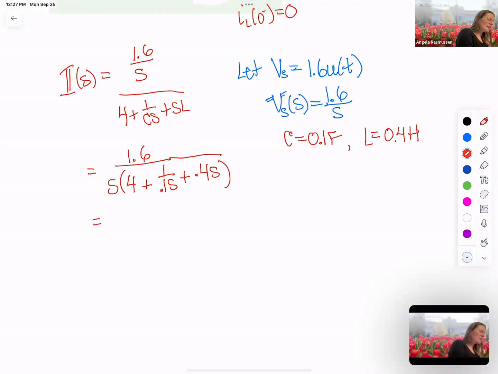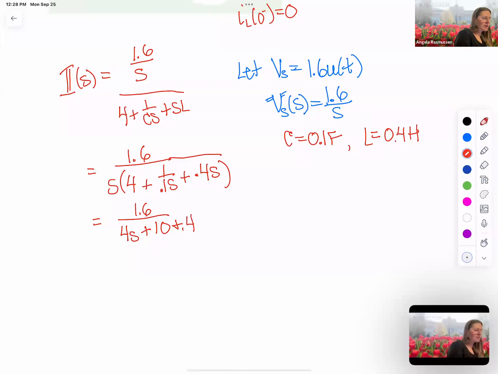And then bringing the S in, I get 4S plus 1 over 0.1. Was that 10? Just write 10.